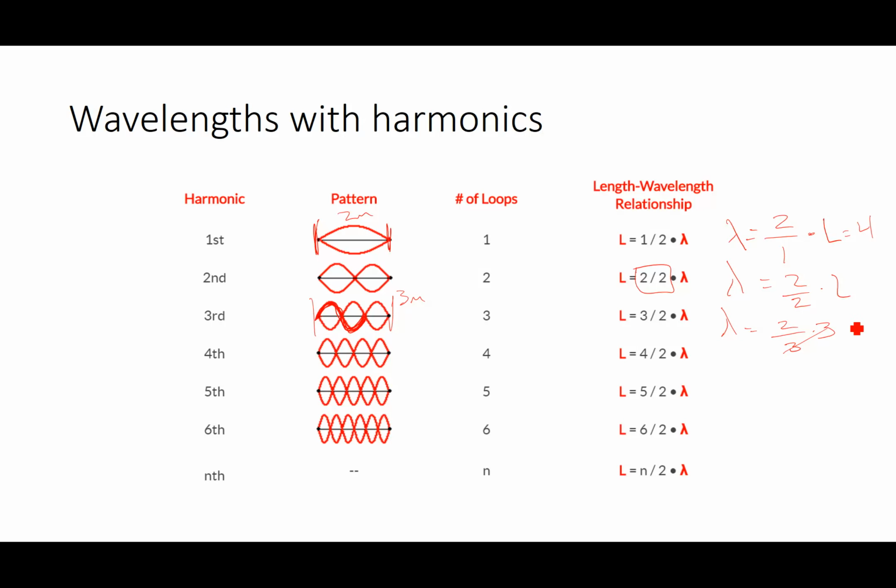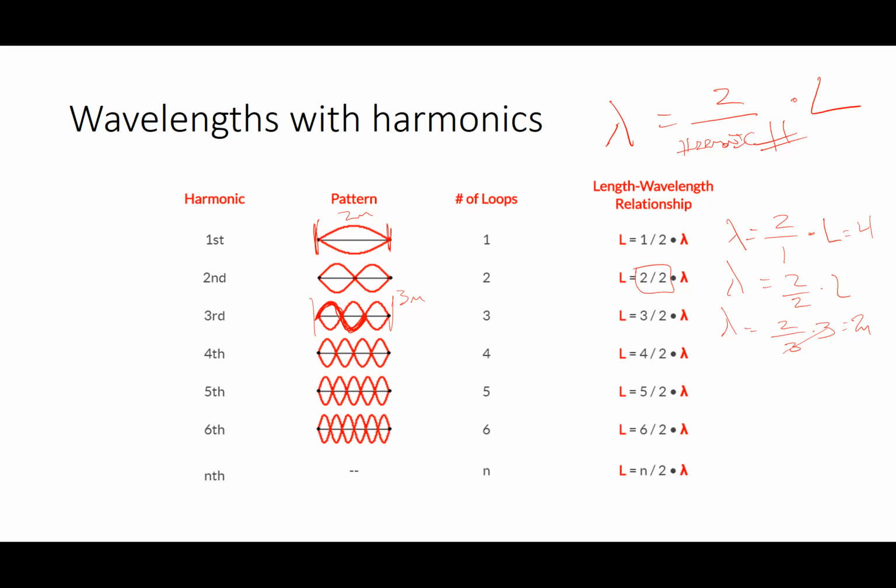My 3's would cancel out, so it would just be 2 meters long. So in the end, your base equation says that wavelength is equal to 2 divided by the harmonic number times the length of the tube.